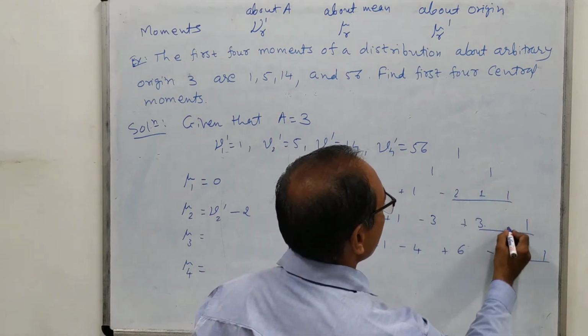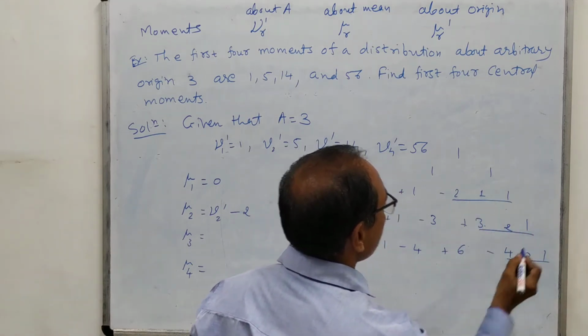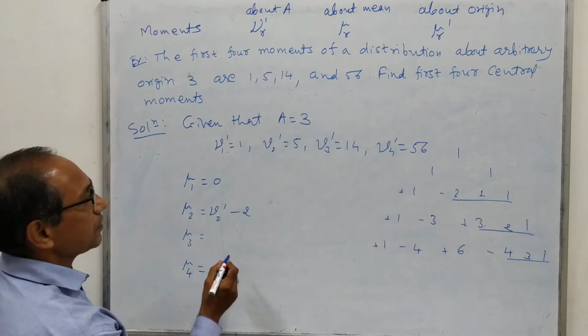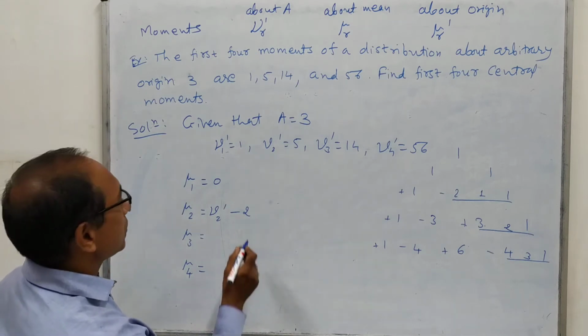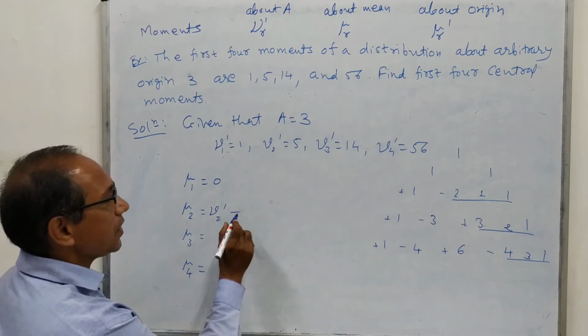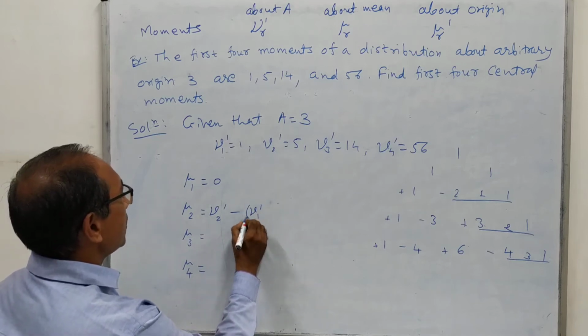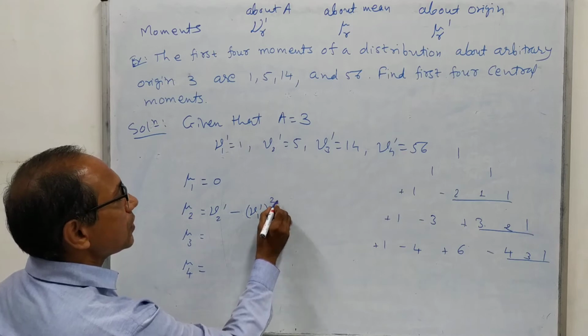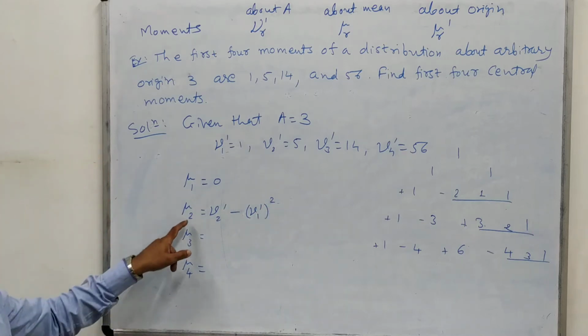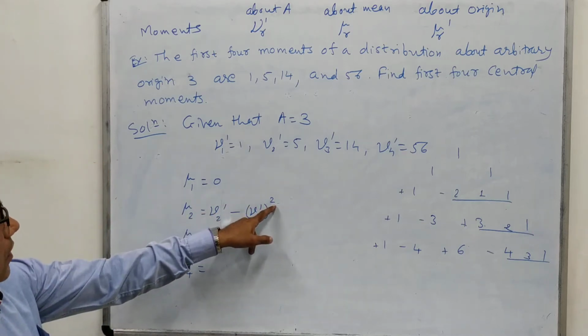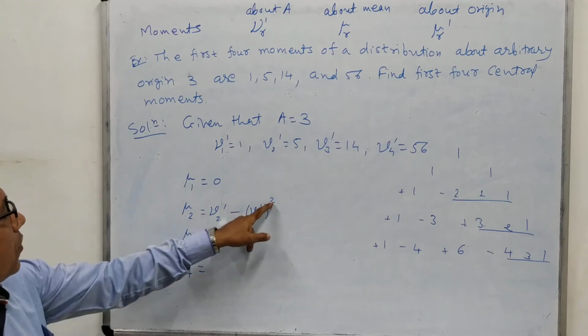Here 3 minus 1 is 2. 4 minus 1 is 3. So 2 minus 1 is 1. So we will write down here only minus 1, so mu 1 dash whole square. Because I told you that the last one possesses the power of 2 only.